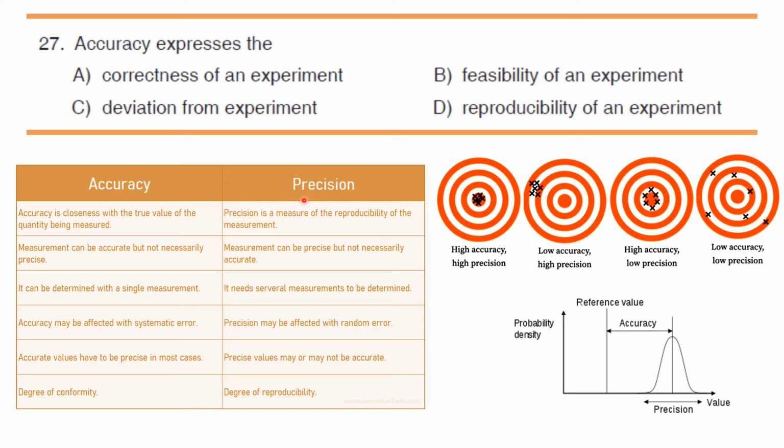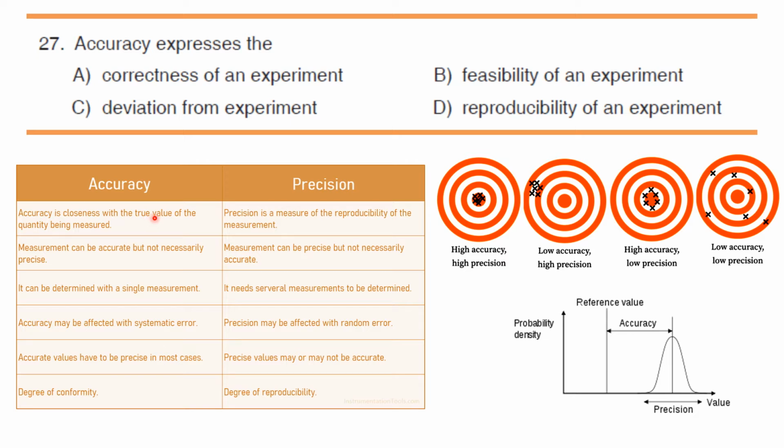The actual value is 5, and suppose A is the first person, measuring it as 4.9, and B is measuring it as 4.8. Then when we compare A and B, A is more accurate because the value that A got is closer to the true value or the accepted value. Compared to A, the measurement of B is less accurate because it has an error of 0.2. So this is how you express accuracy.